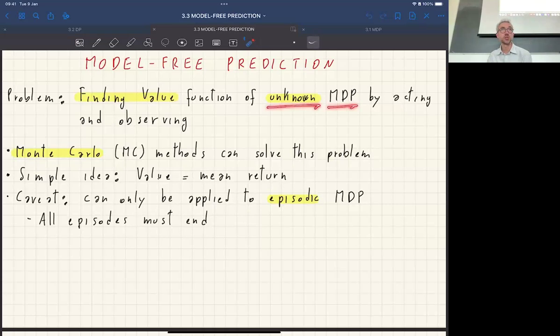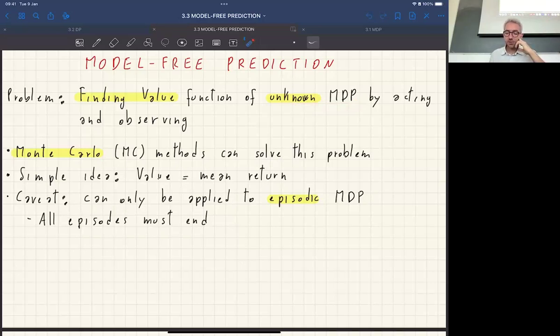We don't know the probability transition matrix. We don't know the dynamics function f. We have a fixed policy, pi, and we want to estimate the value of the policy. So that's exactly the problem we solved 1 hour ago, but now assuming we don't know the Markov decision process. So we need to observe how the system behaves and learn from the observation.